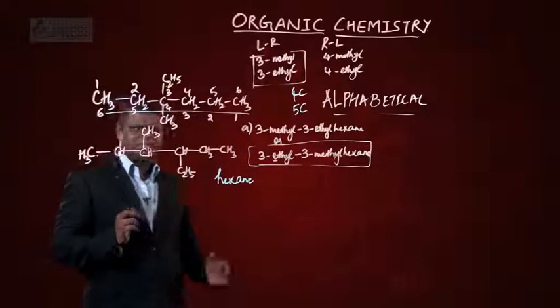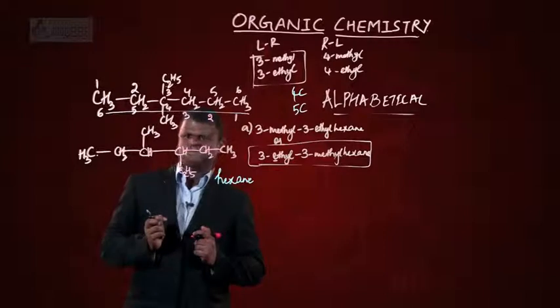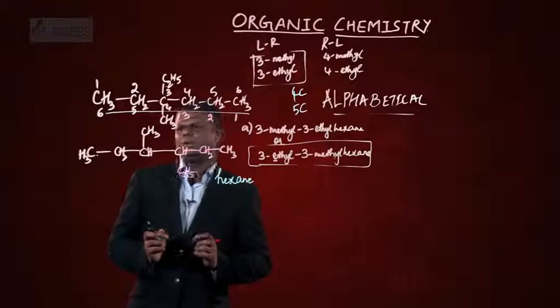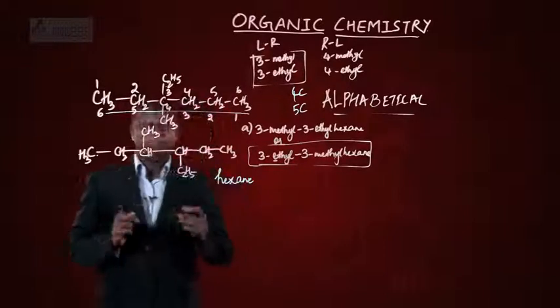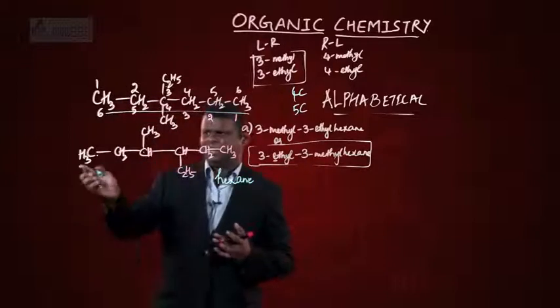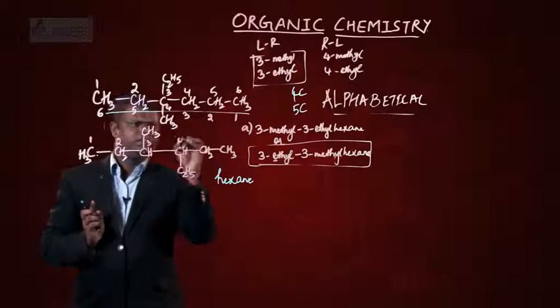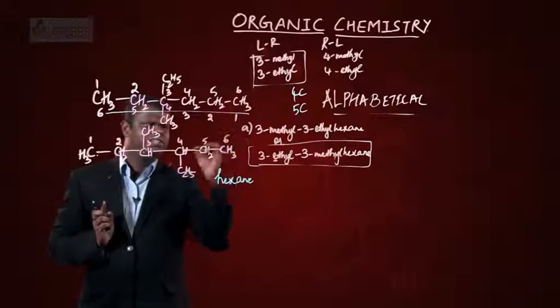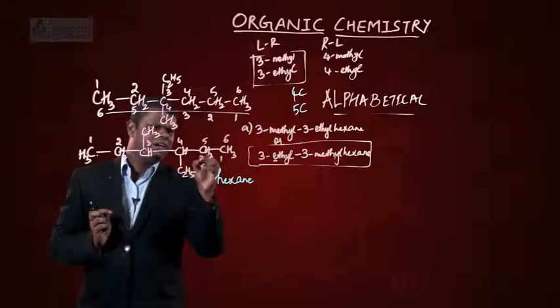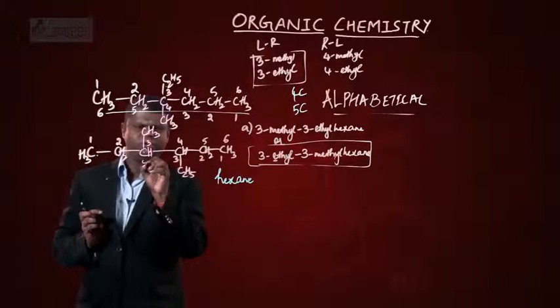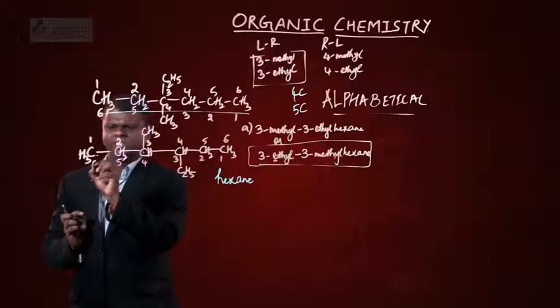Now it is very simple. In this case you are going to number. Which way are you going to number? Again, there are two ways of numbering, 1, 2, 3, 4, 5, 6 and 1, 2, 3, 4, 5, 6.